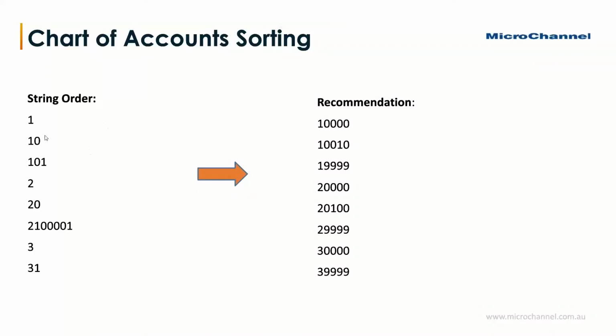In string order, you notice that it gets sorted depending on the first digit, regardless of the number of characters. So if you have an inconsistent number of characters for your GL accounts, that may create issues in getting the sorting right. Our recommendation is to have the same number of characters for each GL account. That would ease the sorting of however you want to insert your GL account in the chart of accounts.